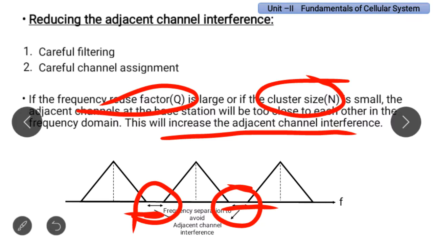This distance is nothing but the frequency separation, not a physical distance. If we do this frequency separation, that is careful filtering or careful channel assignment, then we can reduce adjacent channel interference. So this is all about the types of interference, that is co-channel interference and adjacent channel interference.